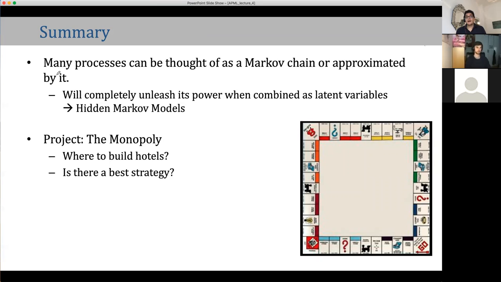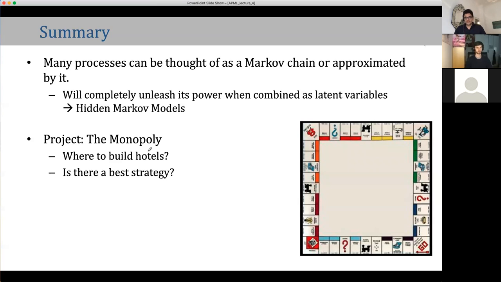So we have this short-term memory, which can be a problem when we want to model more complex events. But what we'll see in the next courses is that when we combine those dependent processes as latent variables, they prove very powerful in being able to analyze sequences of events. Those are hidden Markov models, which we will see in the next two courses.